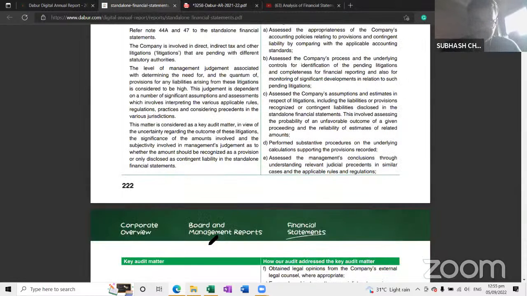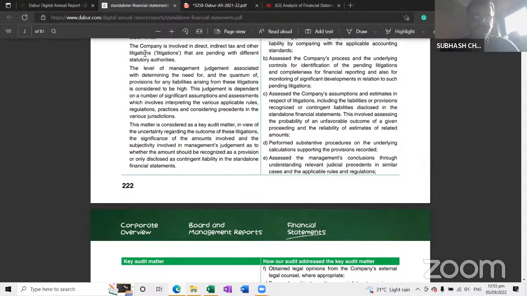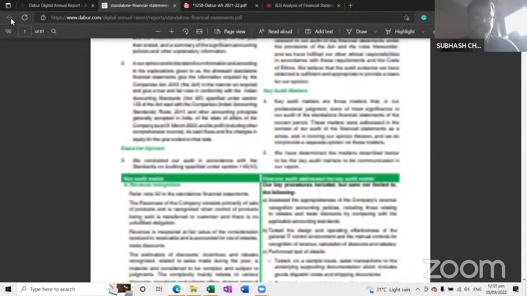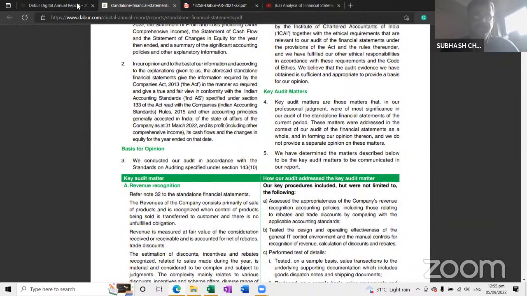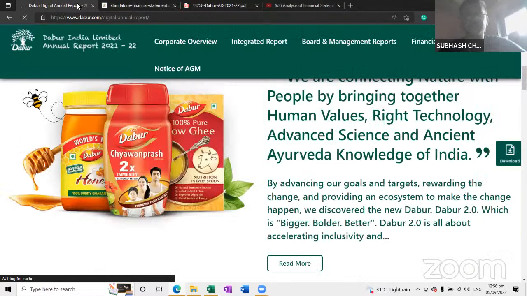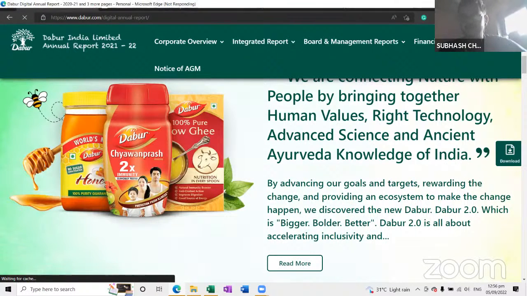In the upcoming sessions, we will start with the ratios: liquidity ratio, the limitations of ratios, balance sheet ratio, revenue ratio, investment related ratio, and multiple things we will understand.